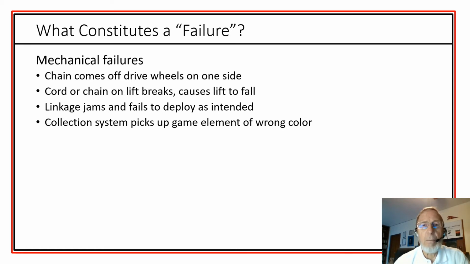The chain might come off a drive wheel, the cord or chain or something might break. You might have something jam, and so in that case it fails to deploy as intended. Or maybe it's more like we pick up a game element from the wrong side, the wrong color, which is not allowed in the game. That's a failure as well.